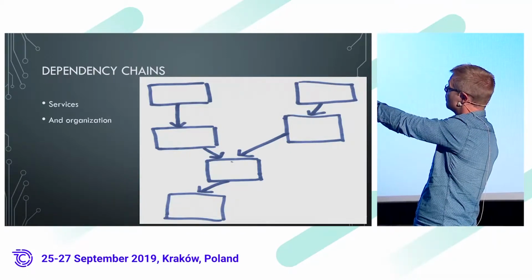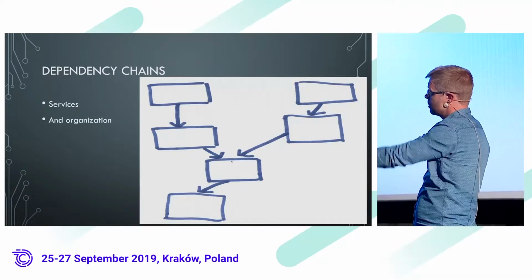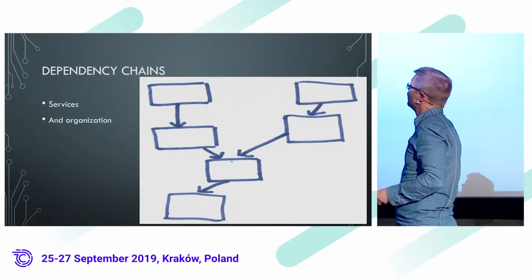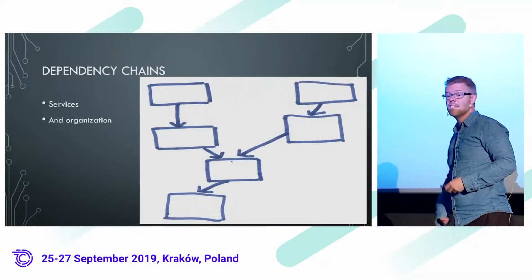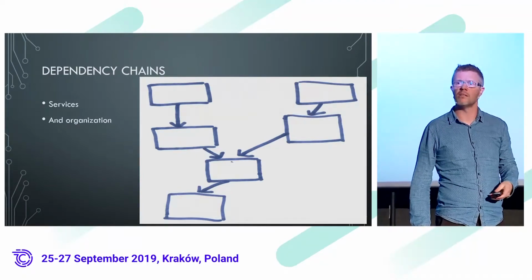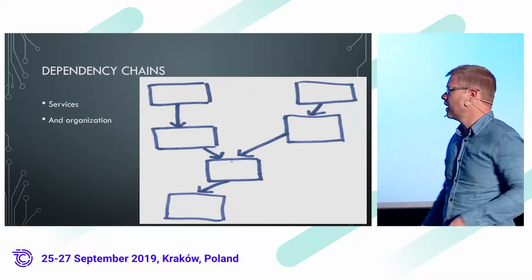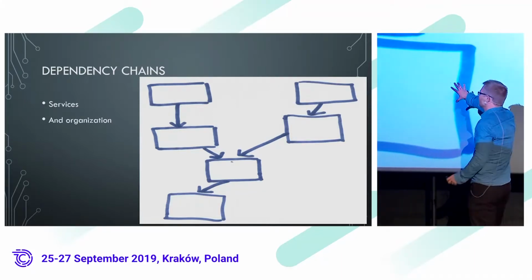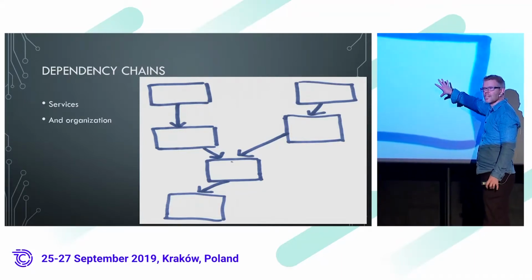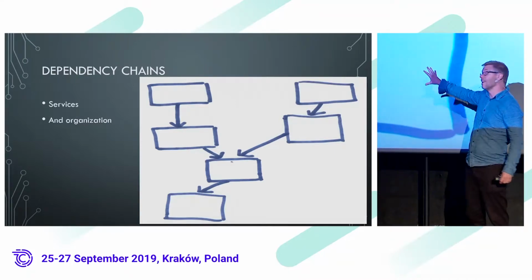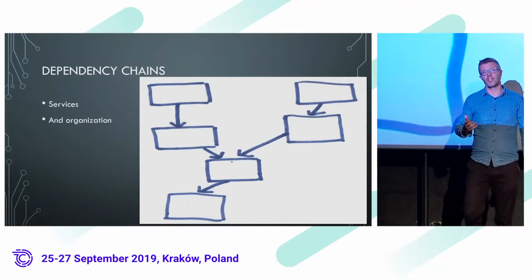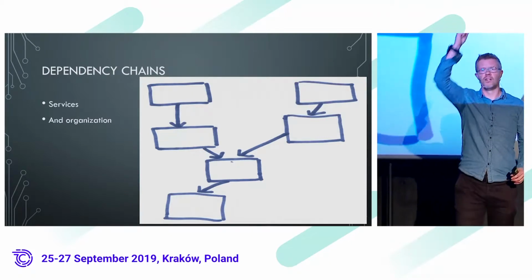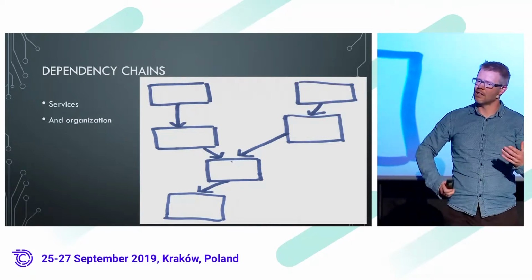And they need something from these guys, who need something from these guys. If we have a deep hierarchy, and this is kind of deep, it could be deeper, we're creating a situation where the team at the bottom has a really hard time, because if they change something, there's a whole chain of things going upwards that depend on them.